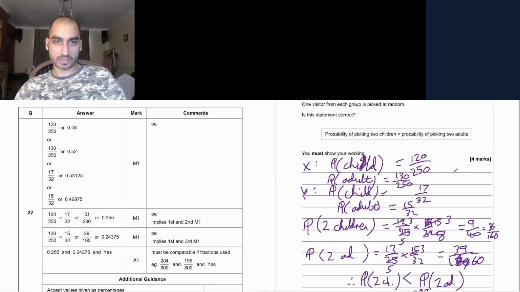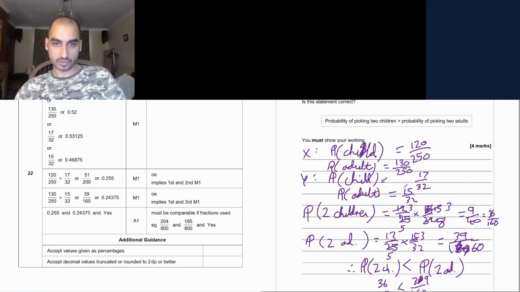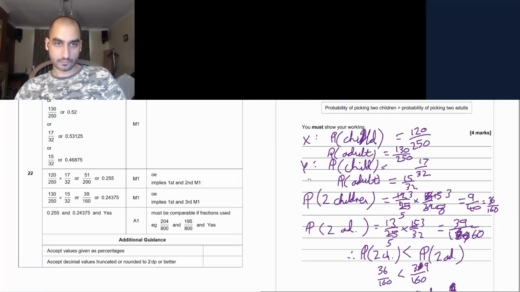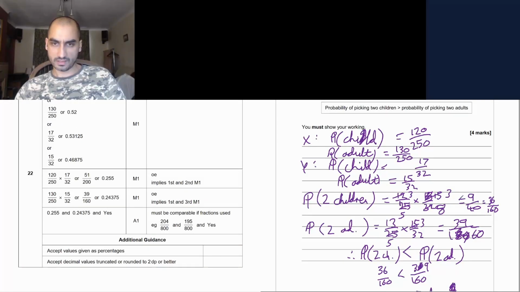So let's go through these. So I did 120 over 250, 130 over 250, 17 over 32, 15 over 32. So that's 1 mark. I got that. Next mark. 51 over 200. One over 200.